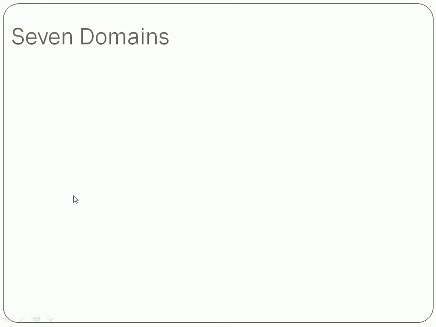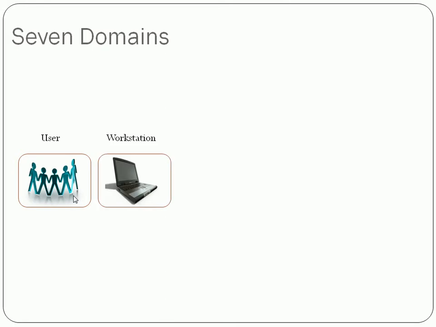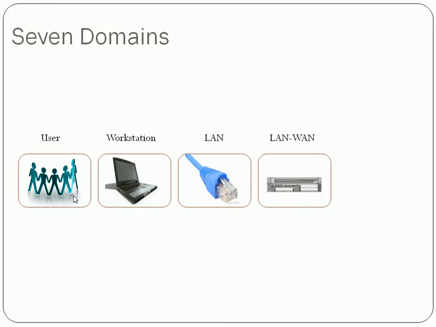Throughout the semester, I keep coming back to the 7 domains. So we'll review these again real quick. We started with the user domain on the left, and then we talked about the workstation domain, which is all the devices that our users interact with. And then we have our LAN domain, which is the communication mechanism within our organization, and that might interface with the LAN-WAN domain, which is basically what connects our internal network to the outside world, which we call the WAN domain.